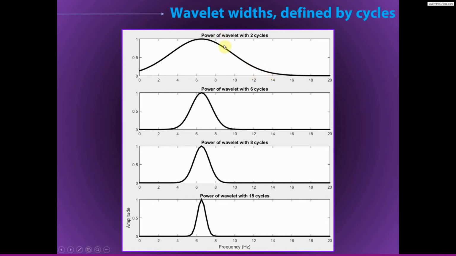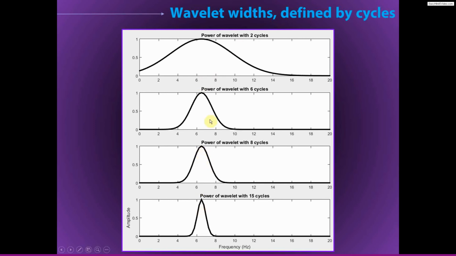Here what I'm actually showing is Morlet wavelets that I created in the time domain and then took the Fourier transform of. So this is the power spectrum of wavelets with a different number of cycles. And now it's quite striking and quite interesting to compare the shape of the Gaussian in the frequency domain of these different wavelets. And remember, these wavelets are all exactly the same in terms of the frequency and the sampling rate and the length of time.